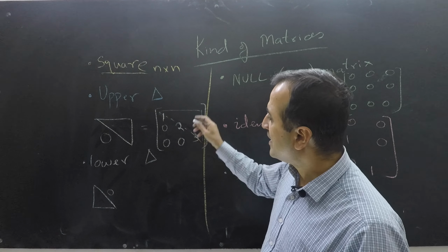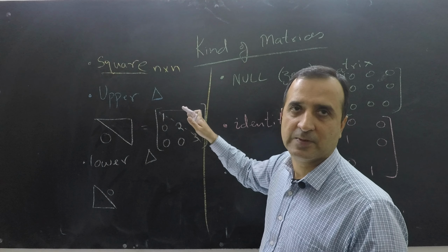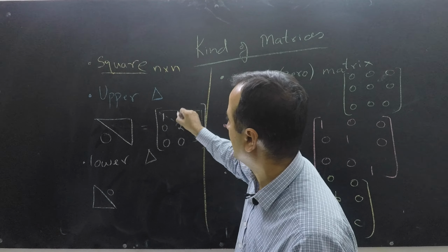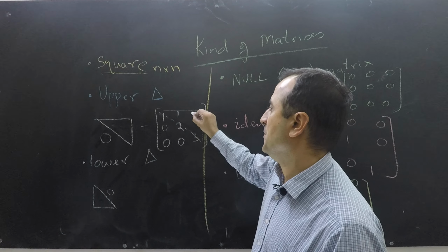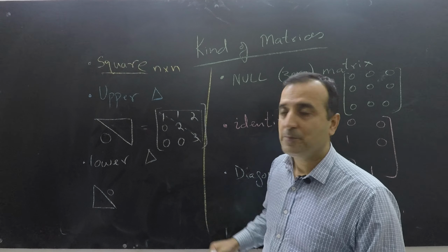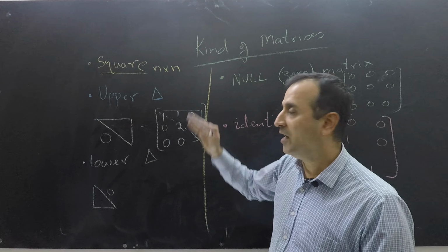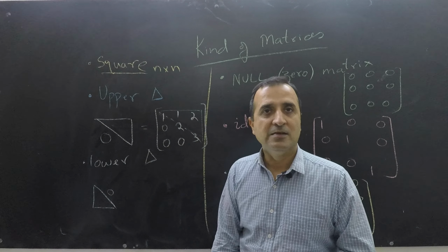This is the lower half, and in the upper half I can have any non-zero elements, right? So I can have here like 1, I can have here maybe 2. And this matrix is an upper triangle matrix because the entries in the upper side of the matrix are non-zeros and the lower side is zeros.